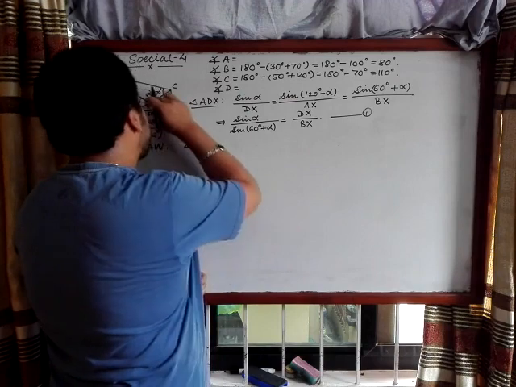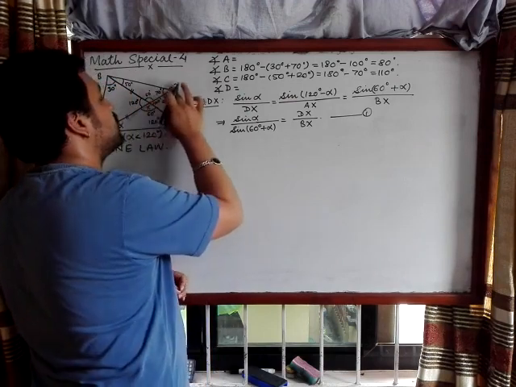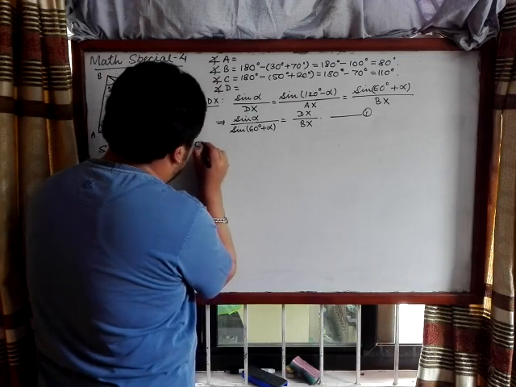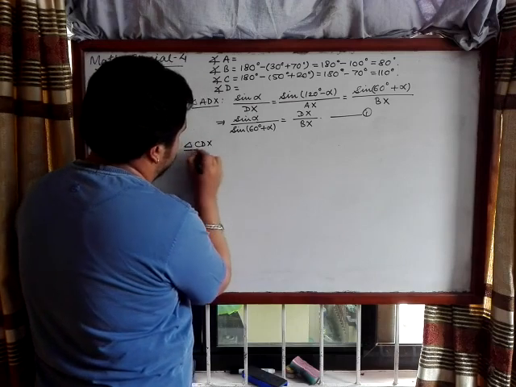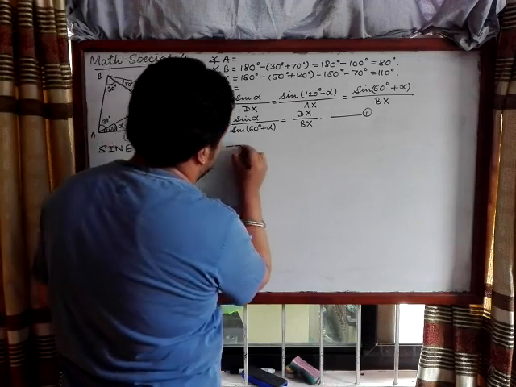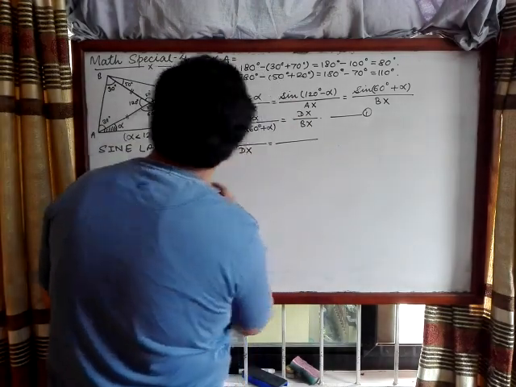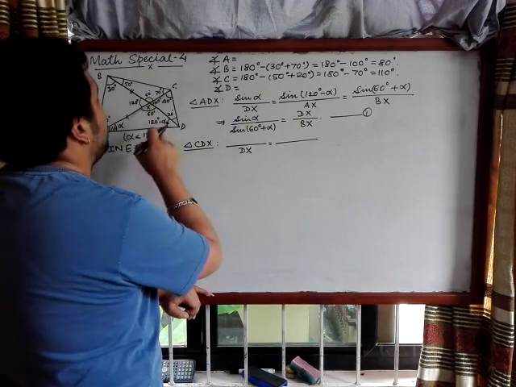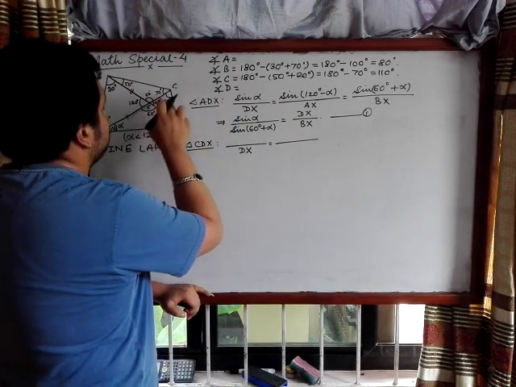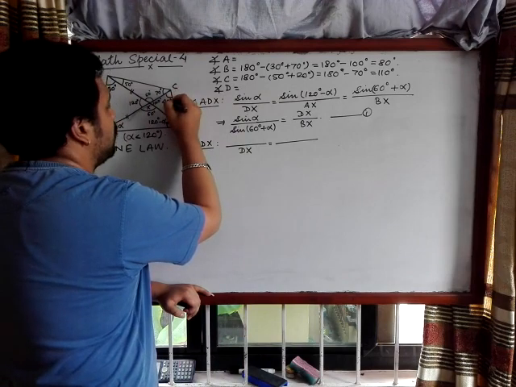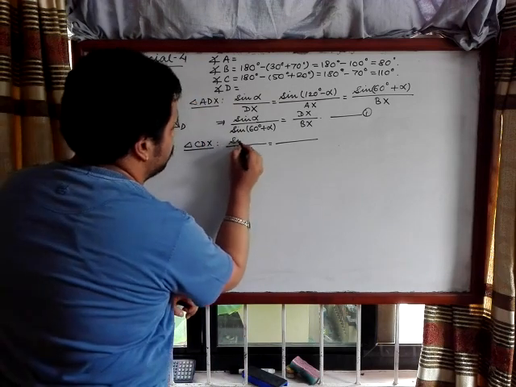Now DX is a side of this triangle CDX. So, using sine law in triangle CDX, what do we get? We need DX, so we put DX here, and DX is opposite to this angle of 40 degrees, so we put sine 40 degrees over here.